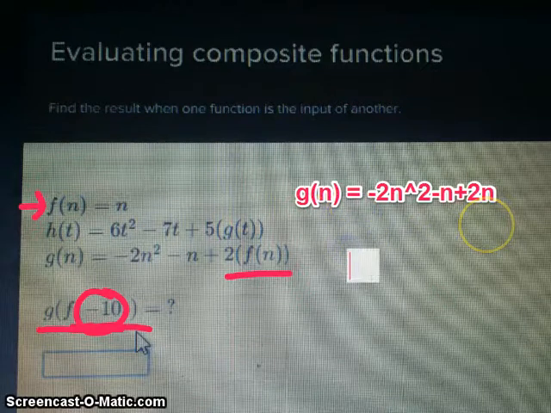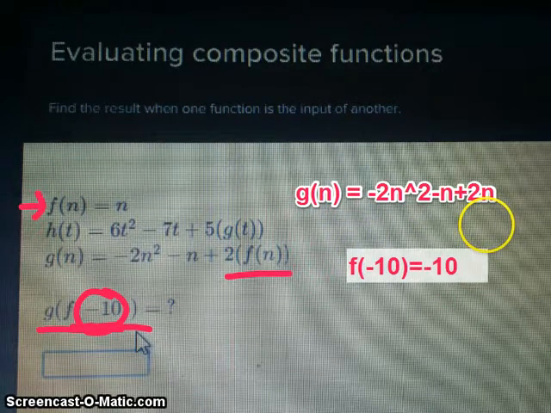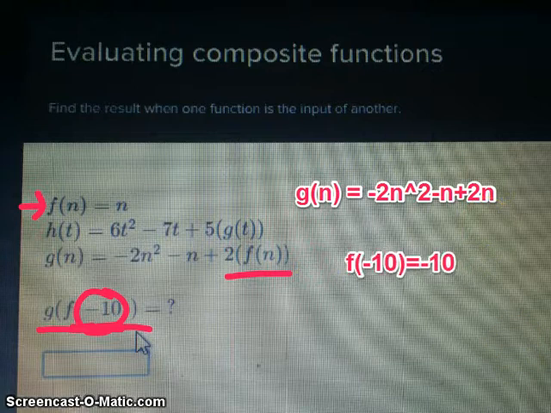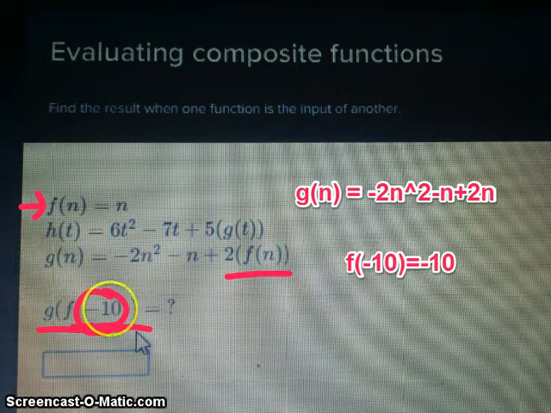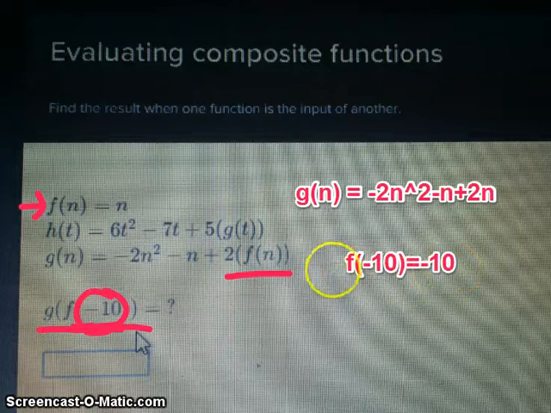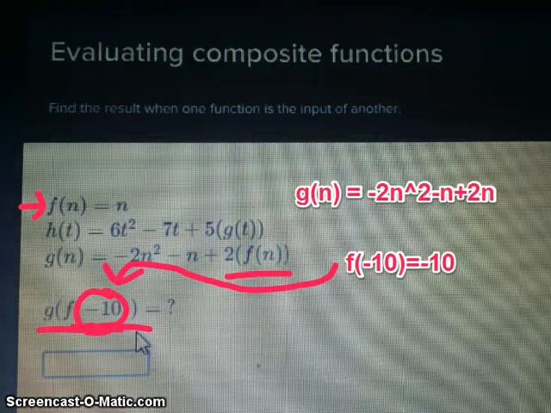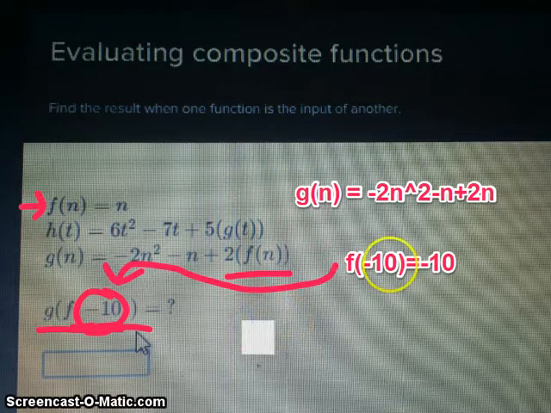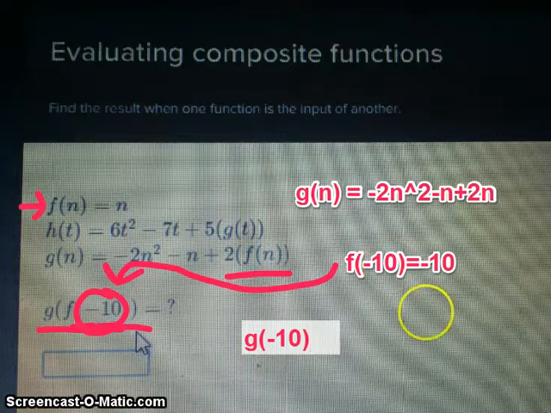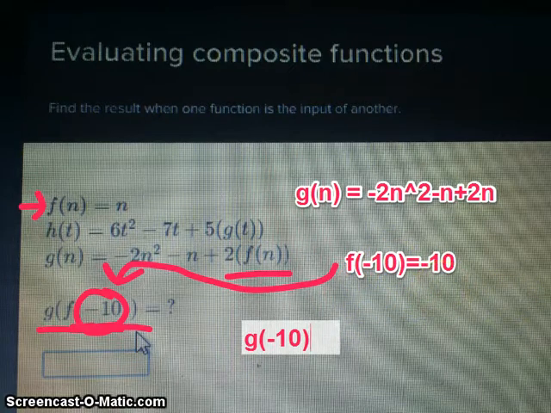So f of negative 10 equals negative 10. So now that you know that f of negative 10 equals negative 10, you can just insert that right into here because they're equivalent. So then that just simplifies this down to g of negative 10, because f of negative 10 is equivalent to negative 10.